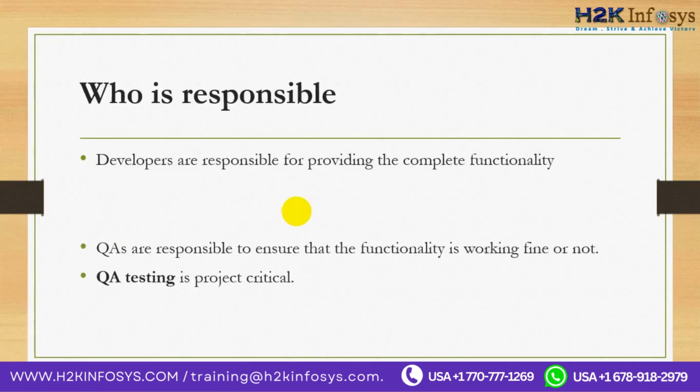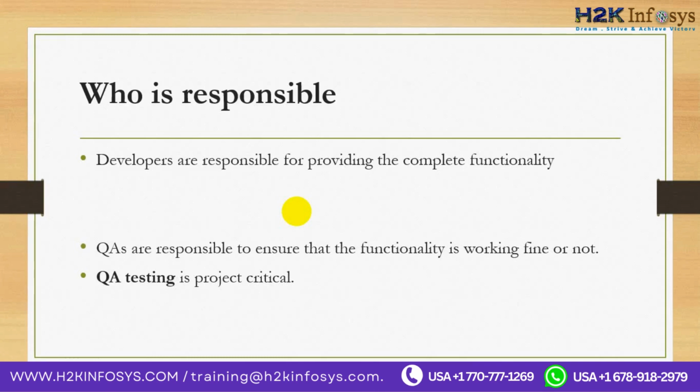Who is responsible? Developers are responsible for providing complete functionality. As a tester, you need not worry about writing code. Even though we learned about writing stored procedures, joins and queries, you need not worry about writing any functionality. Developers will do it. The only responsibility of QA is to ensure that the functionality is working fine or not.